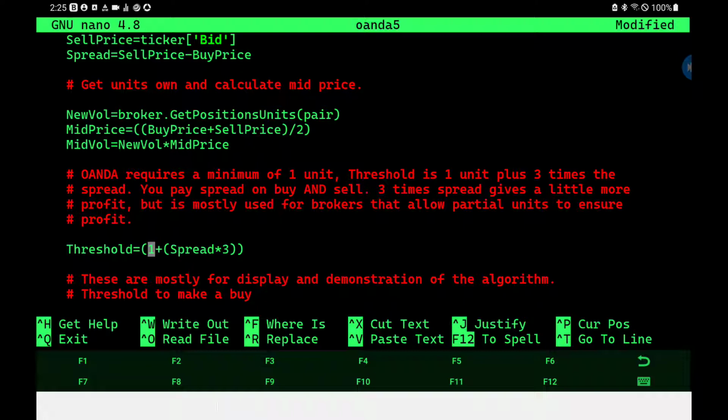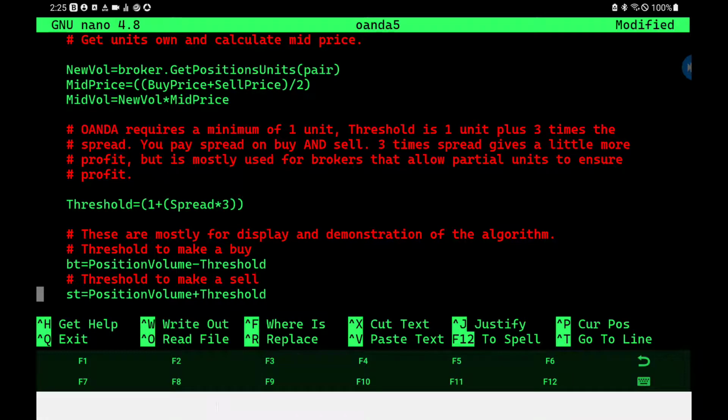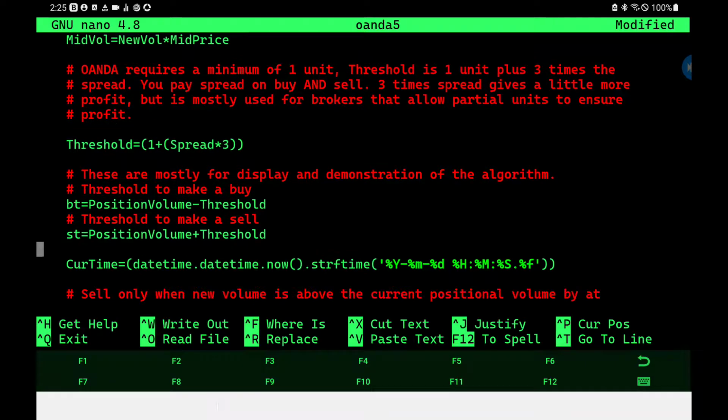So we want 1 unit plus the spread to stay in line with what Oanda insists is a proper amount. And now we have the buying threshold, which is simply the current position volume minus the threshold. And then the selling position threshold is simply the position volume plus the threshold.